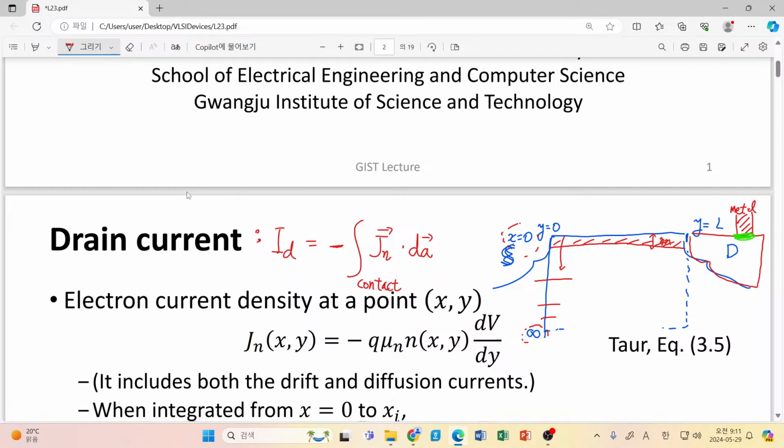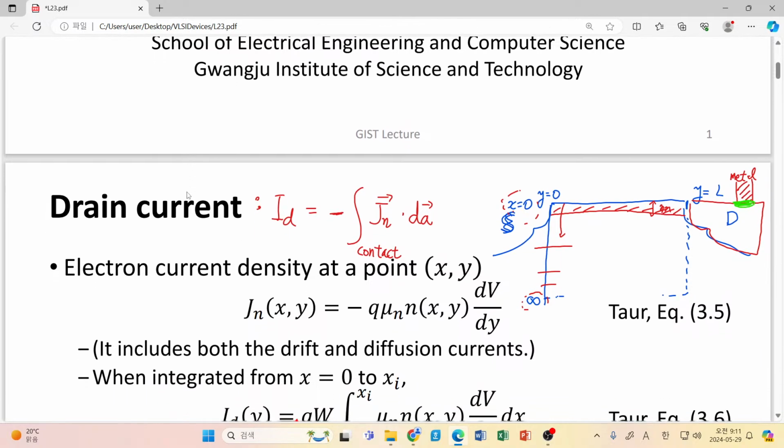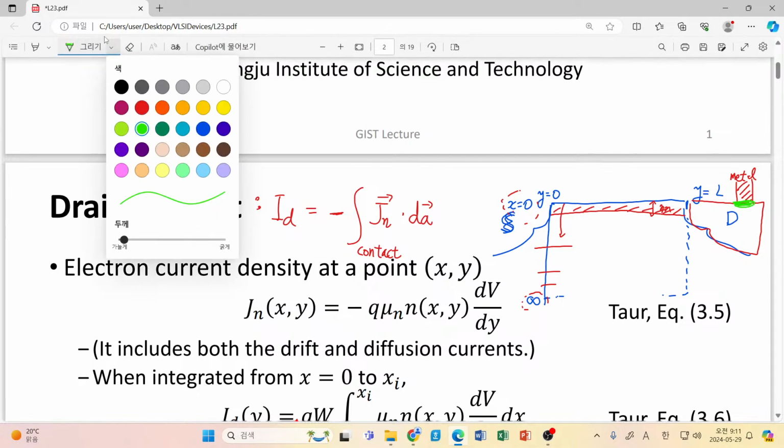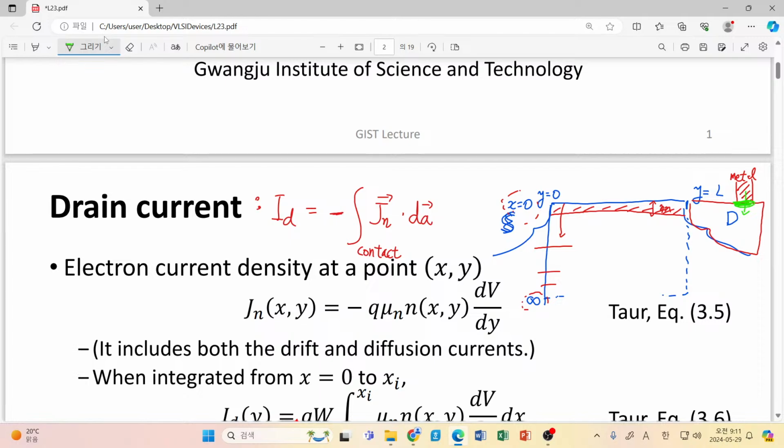This is the exact definition, well, a good enough definition for the drain current. But here we introduce a certain continuity. When we have a certain current, then this current is still conserved, even at the source current.